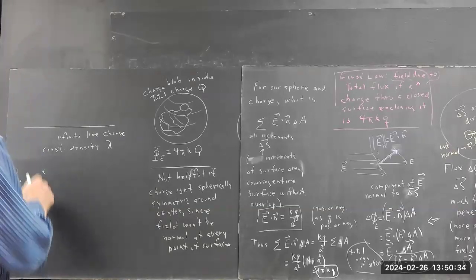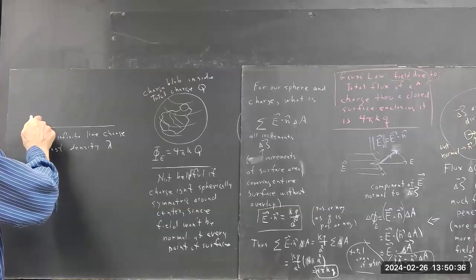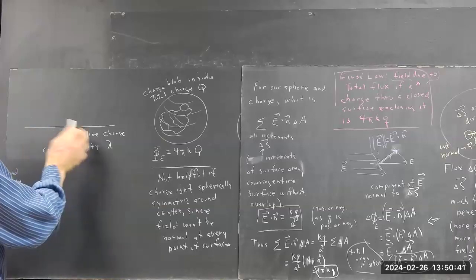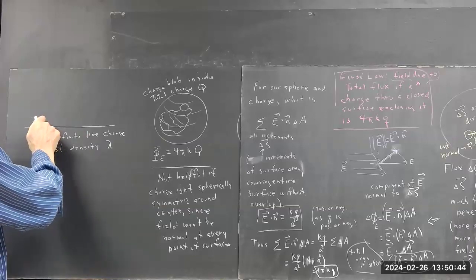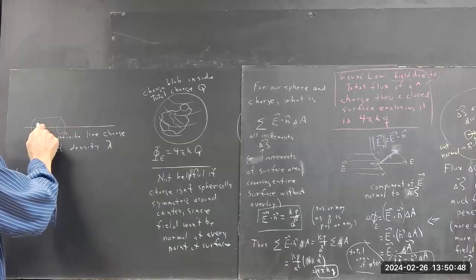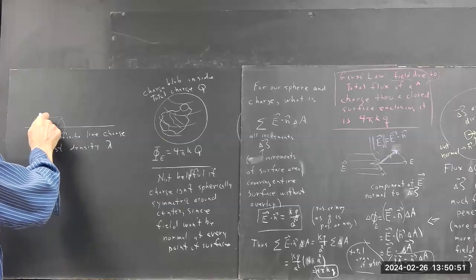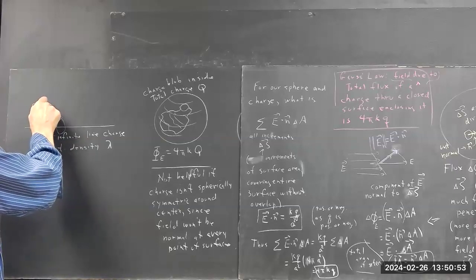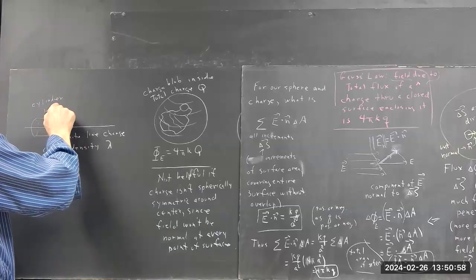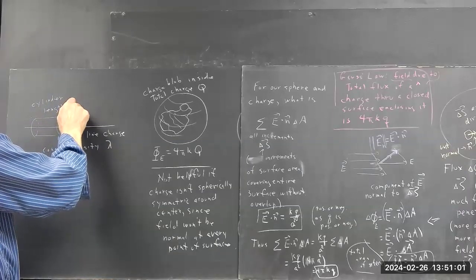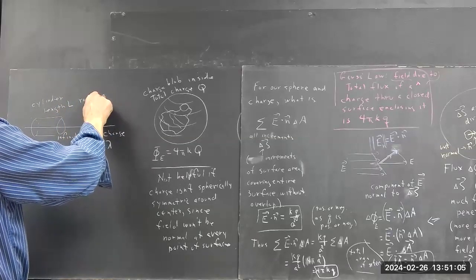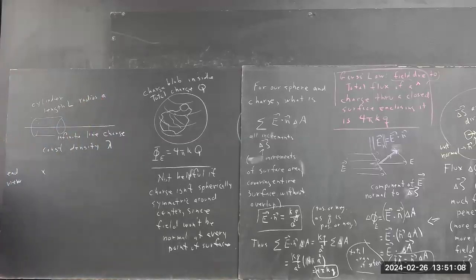The surface that we're going to put around it is a big old cylinder. If it's an infinite line charge, we can use the cylinder around any segment of this thing. The cylinder has length L and radius a.